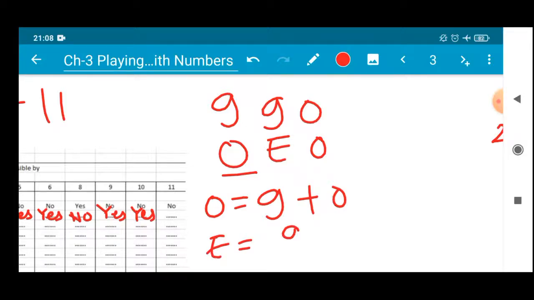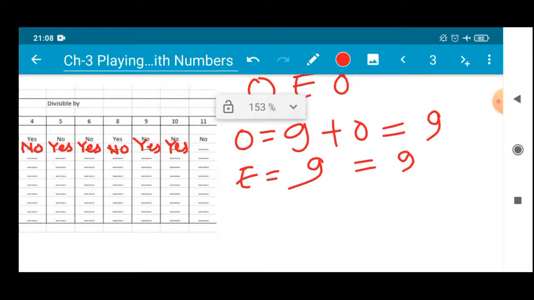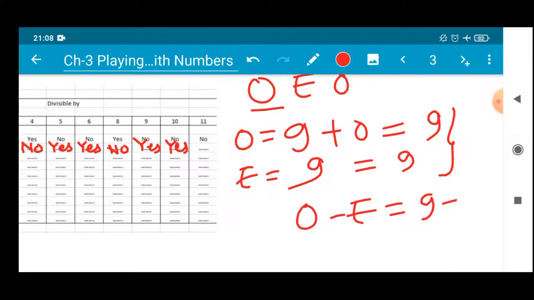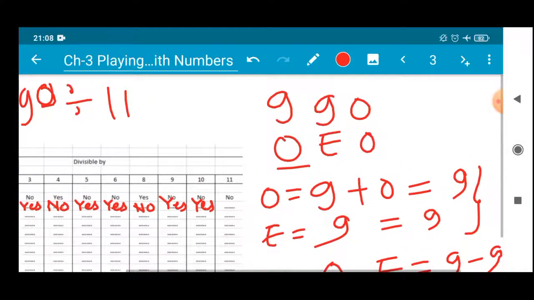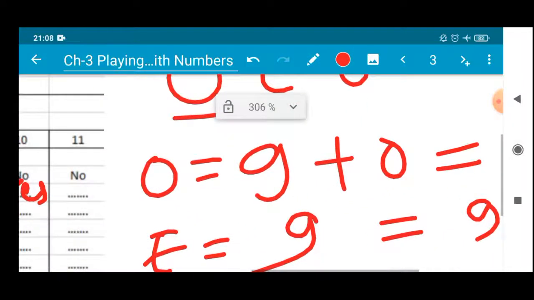Let's add that also. Only 9 you have. 9 plus 0 is 9 and even is 9 only. So when you subtract this odd and even, you will get 9 minus 9 as 0. So if you get 0 or a multiple of 11, then the number is divisible by 11. So yes, it is divisible by 11. So you will write here yes.